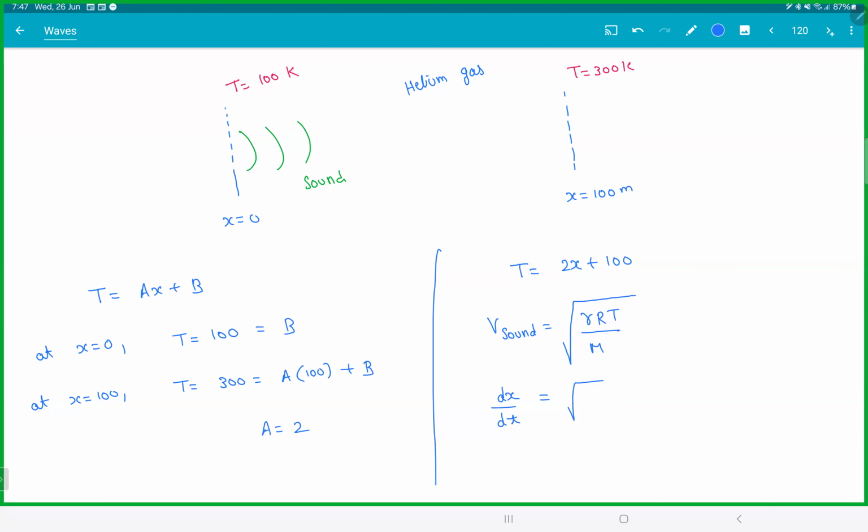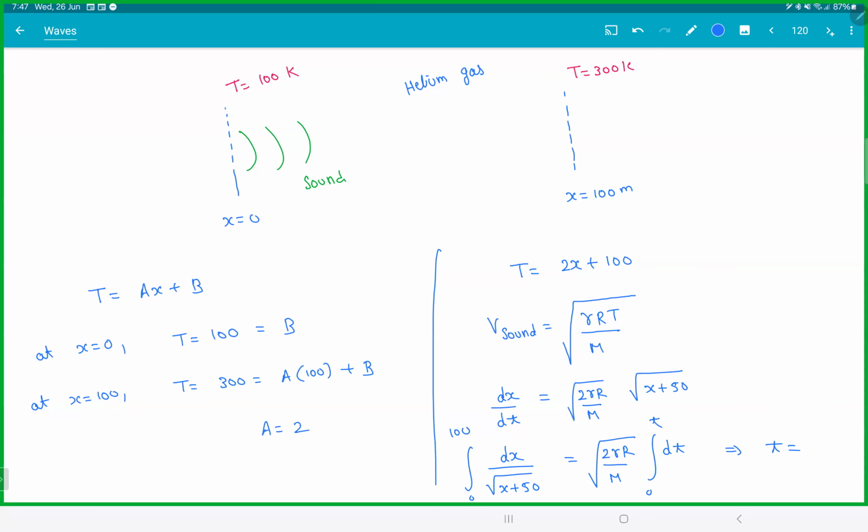Take out the 2 also. So 2 gamma R by M root over x plus 50. So this would be dx by root over x plus 50 is root over 2 gamma r by m dt. This will go from 0 to t. This will go from 0 to 100. Solve this, you will get the time.